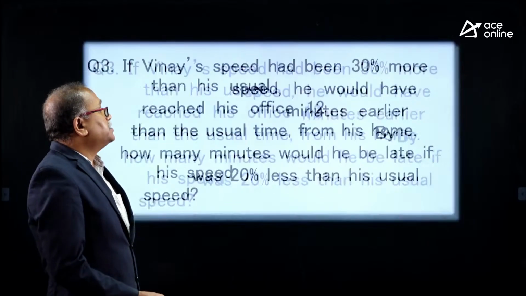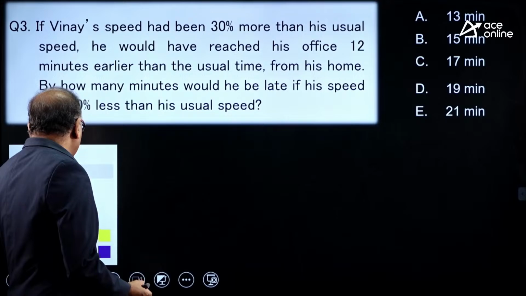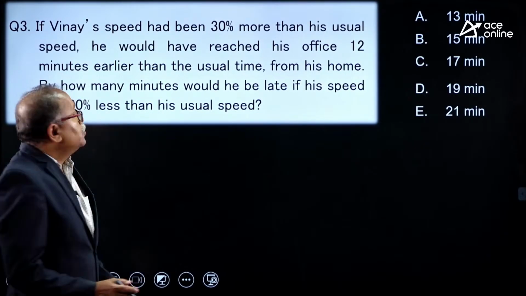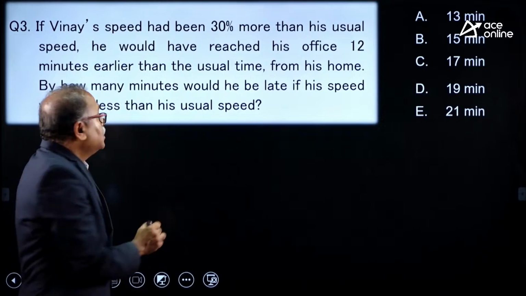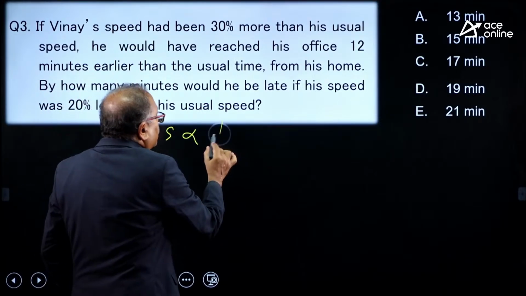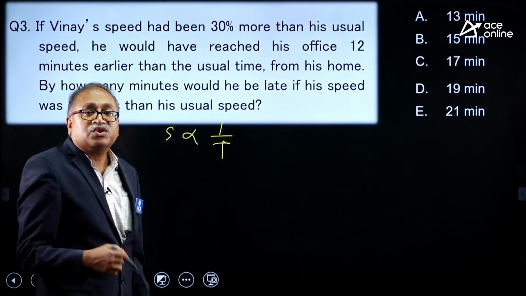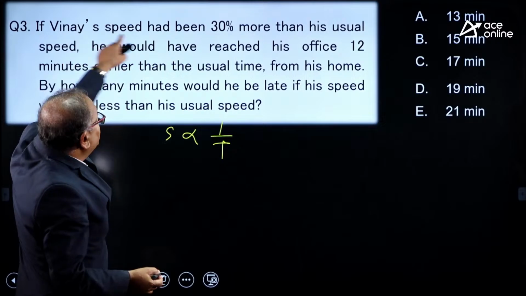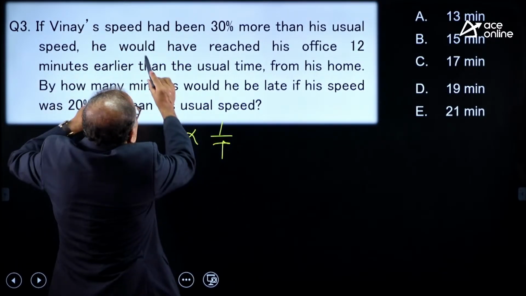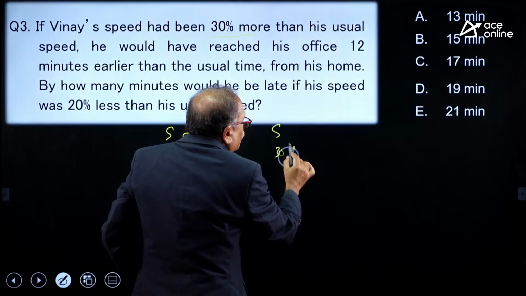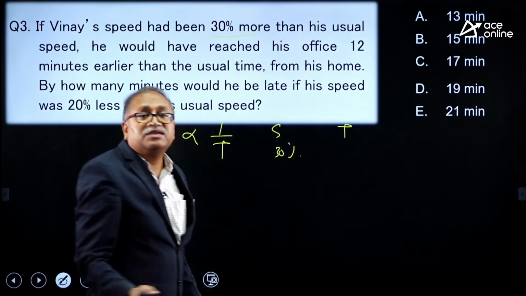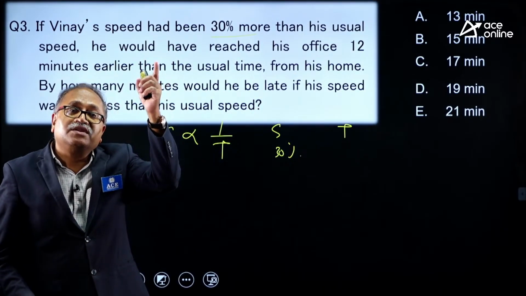Come on, my dear friends, I know that you can answer this question. You know, speed and time vary inversely. So, therefore, if the speed is 30% more, then the time will be how much less? Think about the percentage chapter.